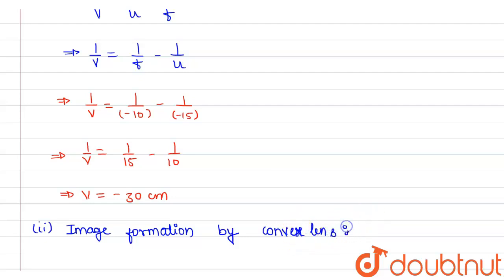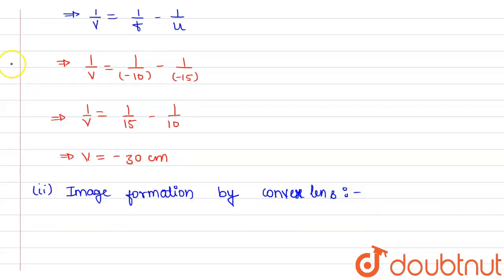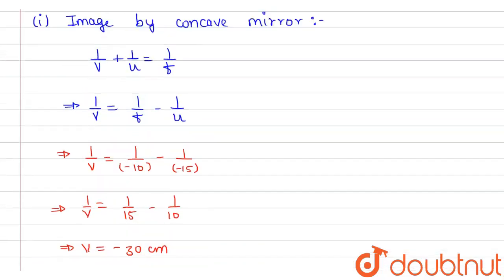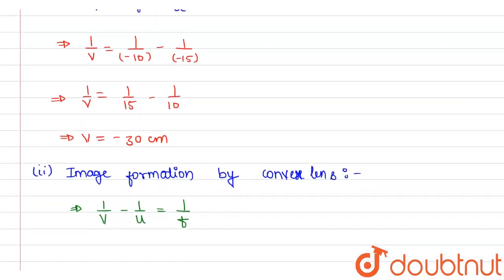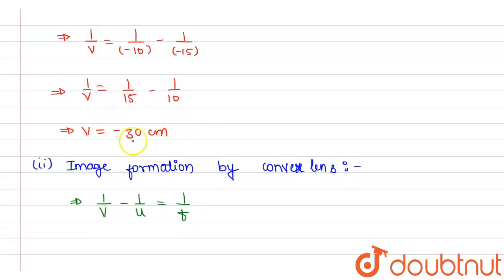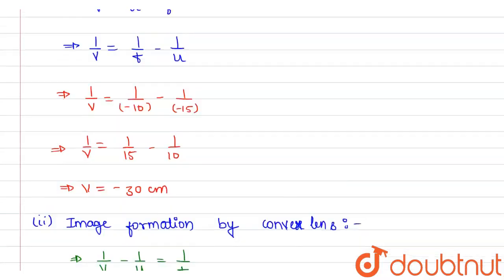Now we write the formula: 1 by v minus 1 by u is equal to 1 by f. Now our u and f are given. u will be the image from the first part.